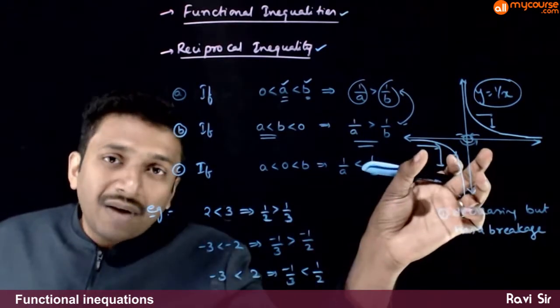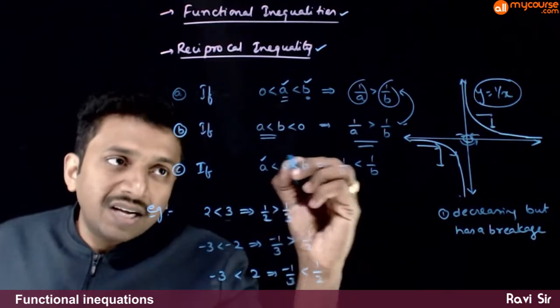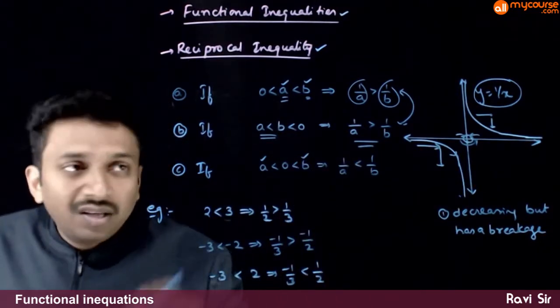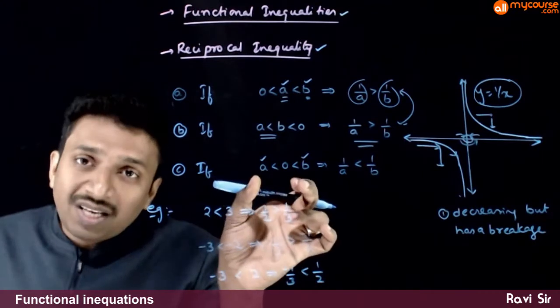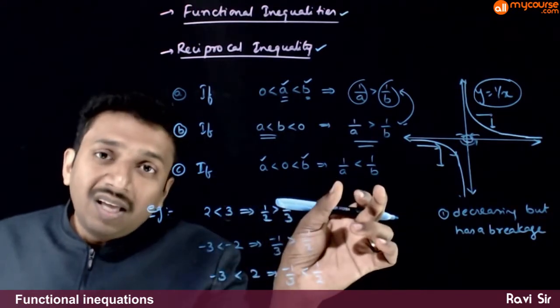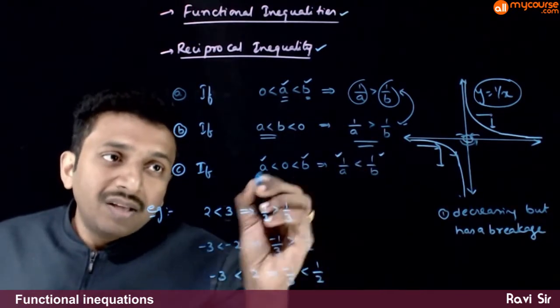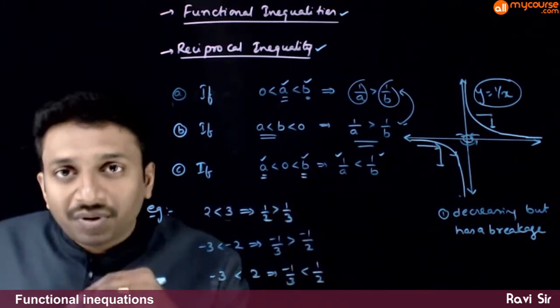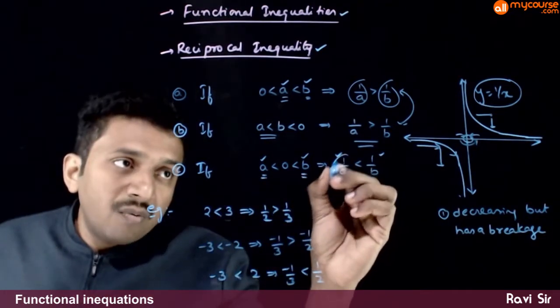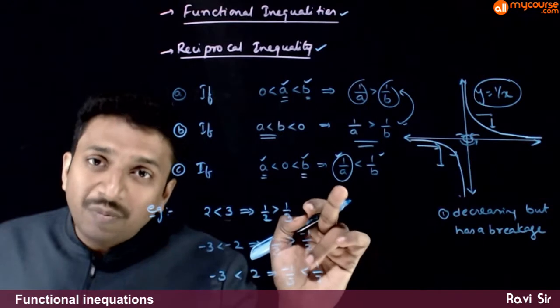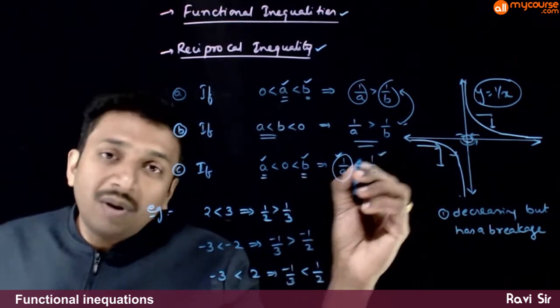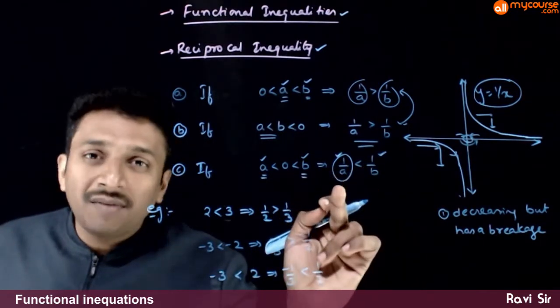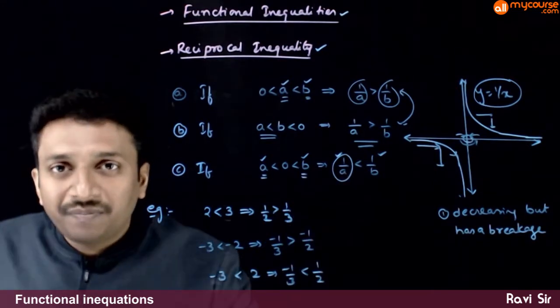So if a is negative and b is positive, obviously a is less than b. Even after doing the reciprocal, a is a negative number and b is a positive number. So 1 by a will even now be a negative number and 1 by b will be a positive number. So 1 by a will still be less than 1 by b.